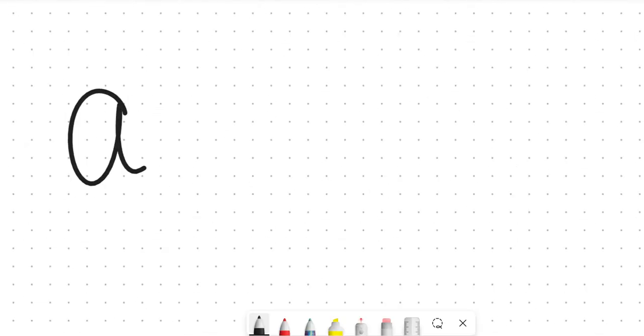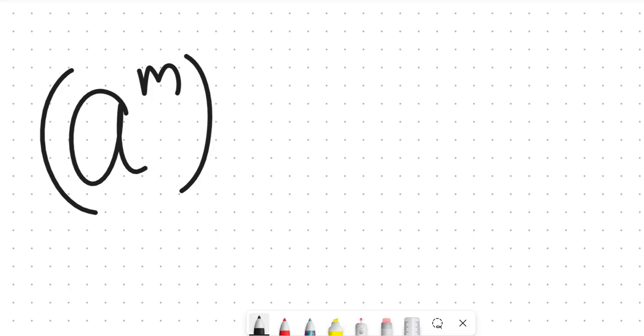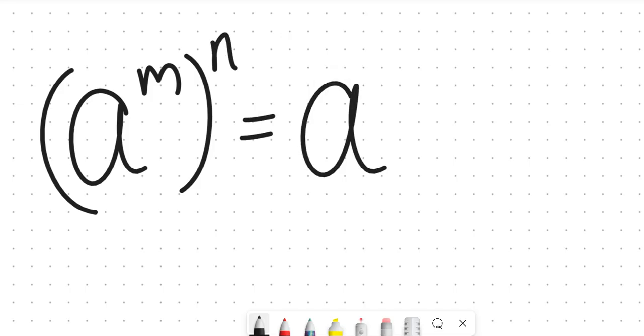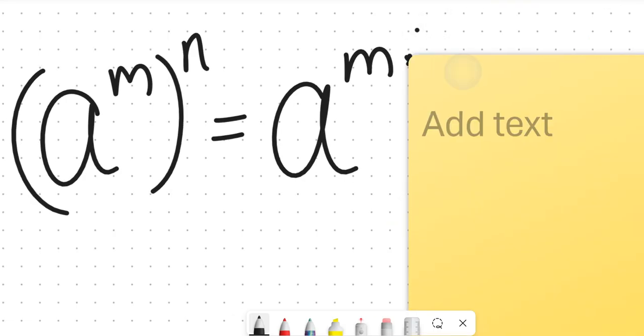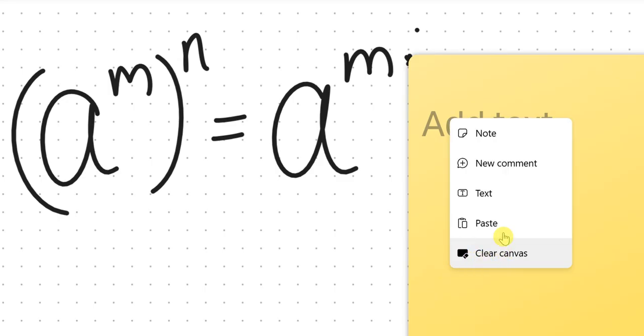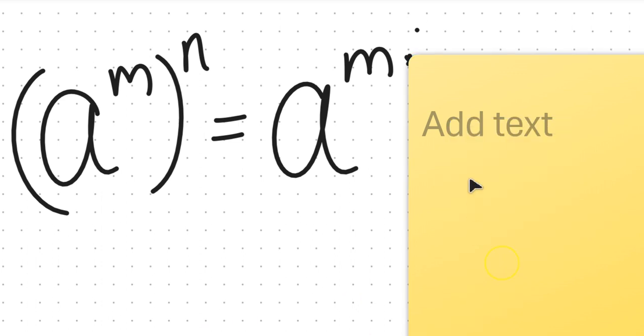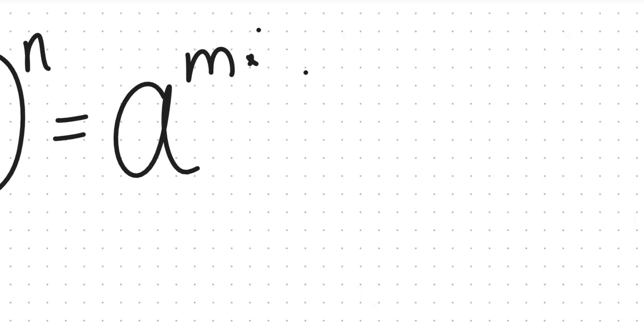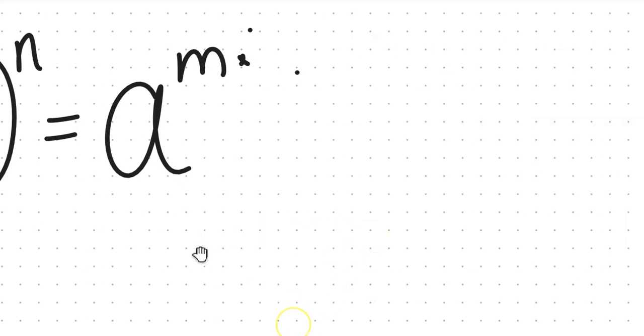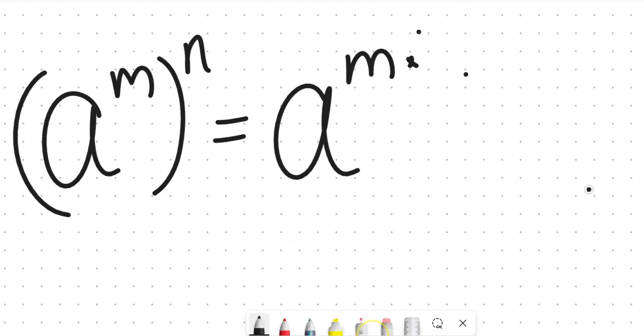Final step, if we have, let's say, a to the power of m, and then we raise it to another power of n, what we do is just multiply the exponents. So this will be a to the power of m multiplied by n.